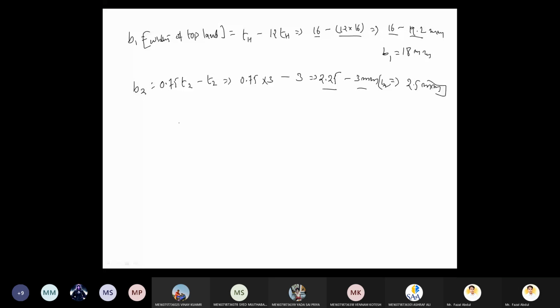For G2 I am writing 0.002 into D to 0.004 D. It means 0.002 into 100 to 0.004 into 100, which is 0.2 to 0.4.